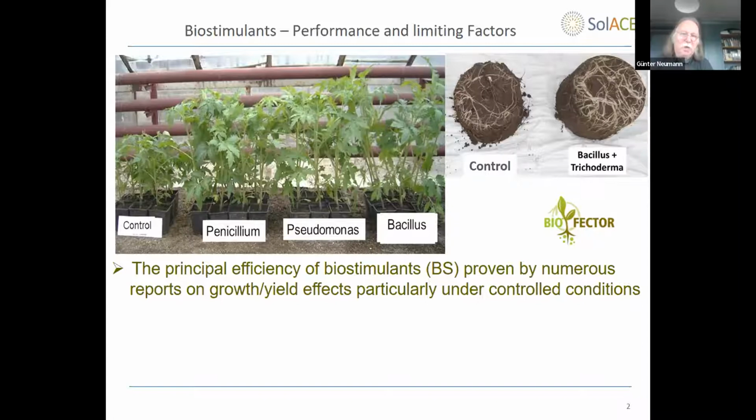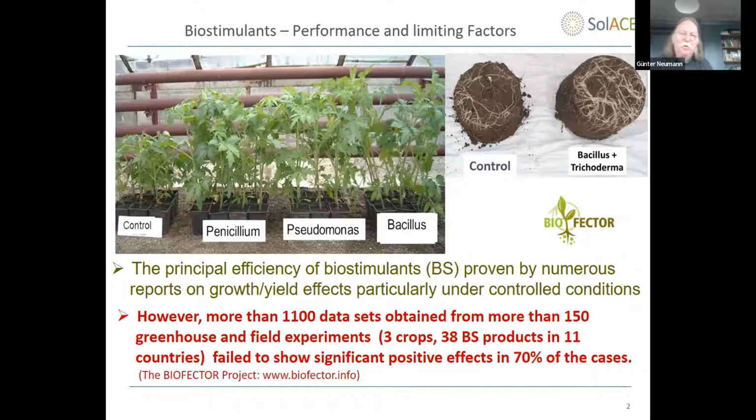When the SolACE project started, we were just in the final phase of another EU project, which was explicitly focused on these biostimulant effects and the conditions when they could work or not.